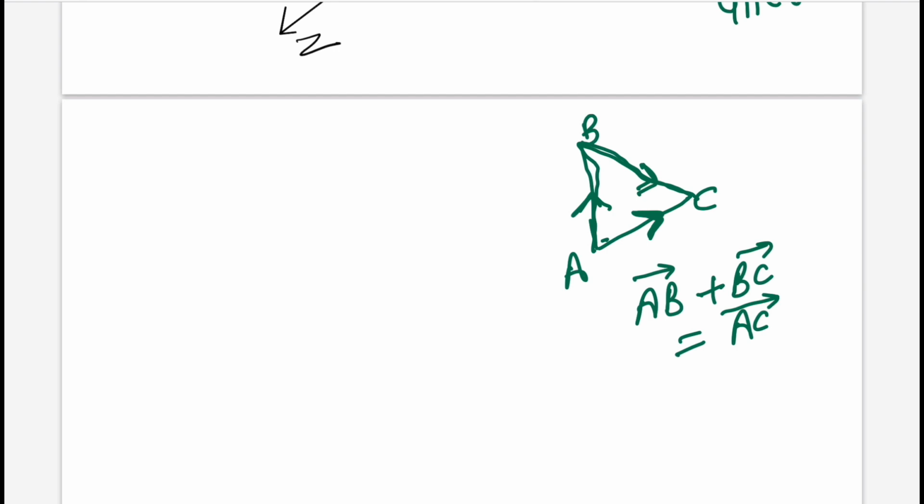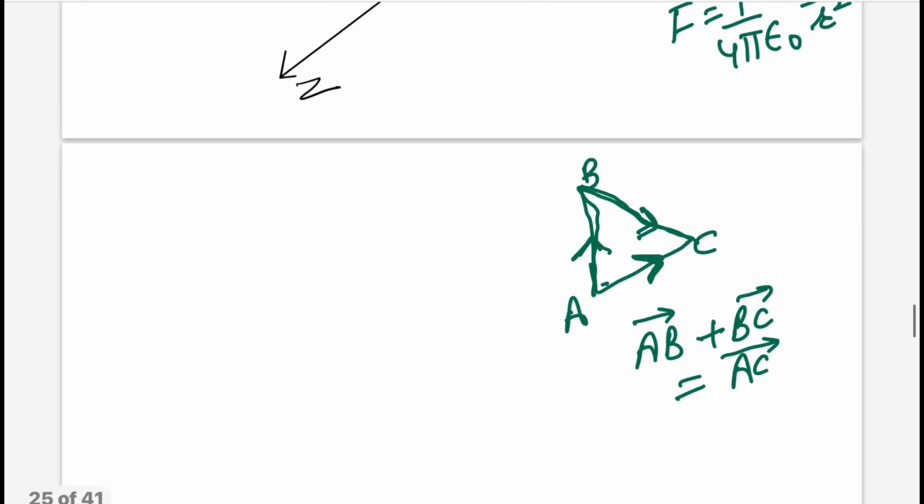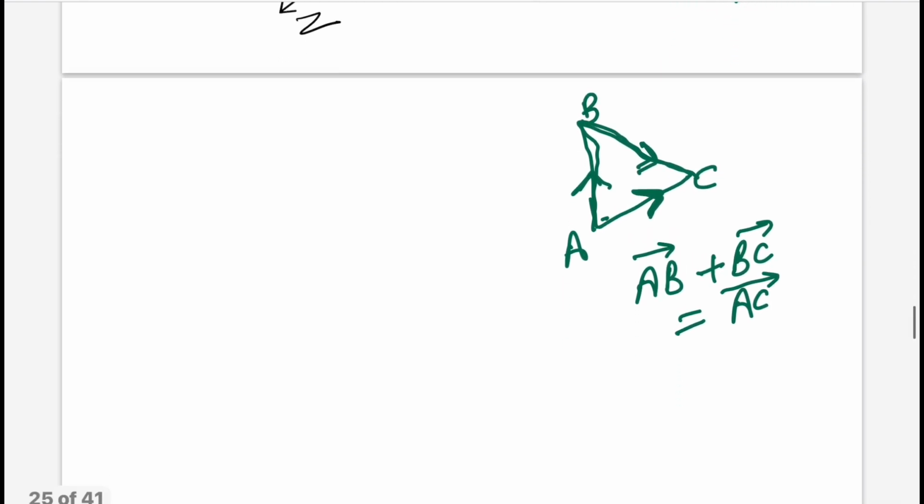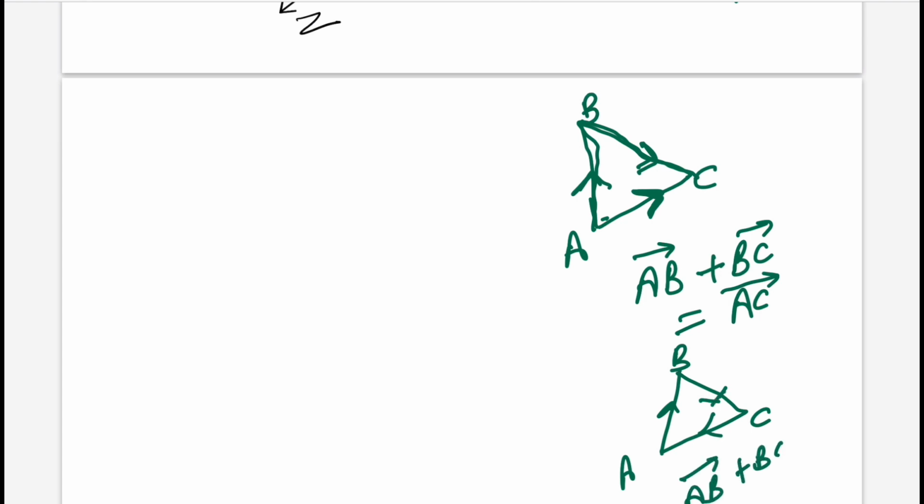This is the triangular law of vector addition. If all the vectors follow the same direction, then AB vector plus BC vector plus CA vector will be equal to 0, right?